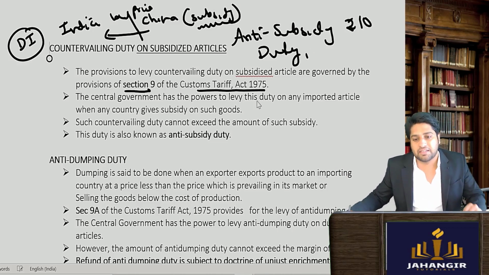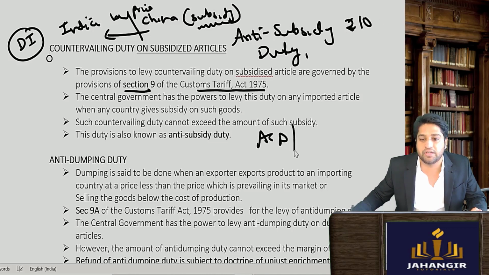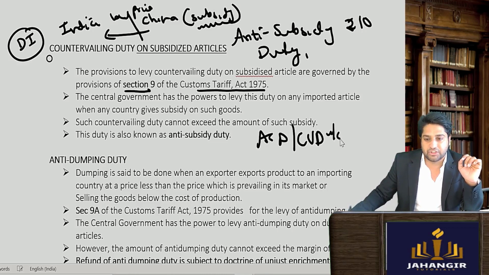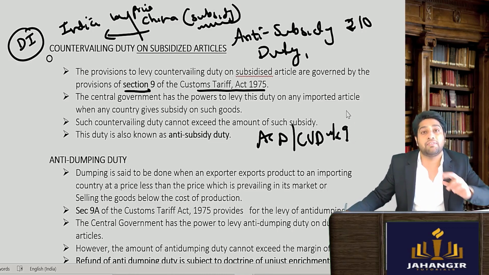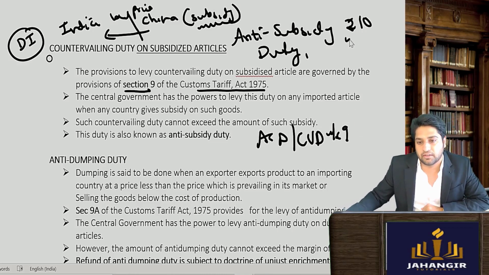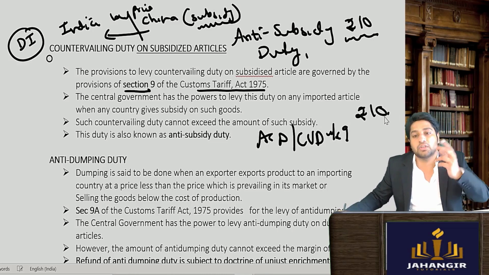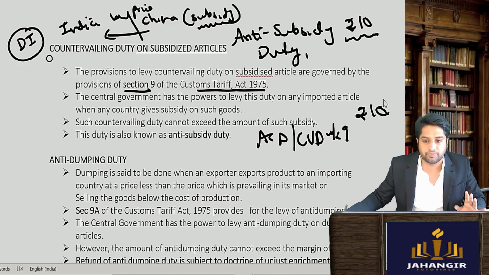So we will levy something called an anti-subsidy duty, also called countervailing duty, under section 9 of the Customs Tariff Act. So we will counter your subsidy by levying an anti-subsidy duty equivalent to the subsidy amount.